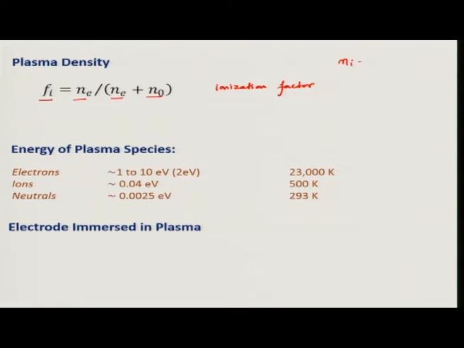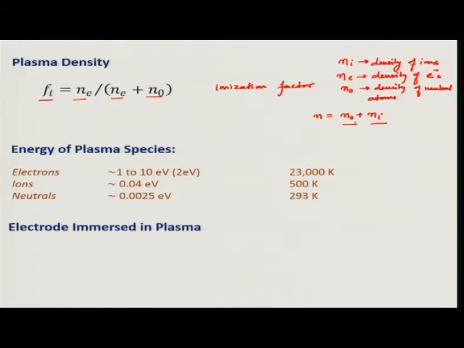Ni is the number density, the density per unit volume, of ions, Ne is the density of electrons, and N0 is the density of neutral atoms. So, the total gas density N will be equal to N0 plus Ni, ionized ions and neutral gas atoms.